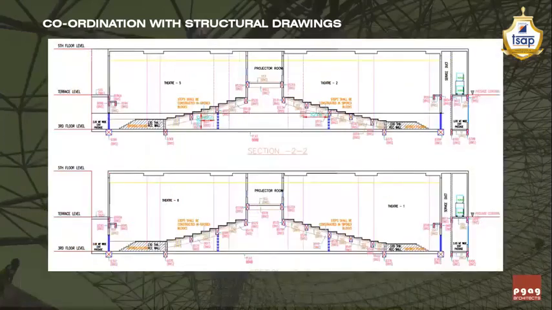For example, this is a structural section which shows the depth of the beam, but you cannot just rely on the drawing. You are supposed to relate it with the beam schedule, so that after drawing the S-shaped curve or the C-shaped paneling, as you have seen in the last presentation, it should not happen that it is not getting executed on site because of site conditions.